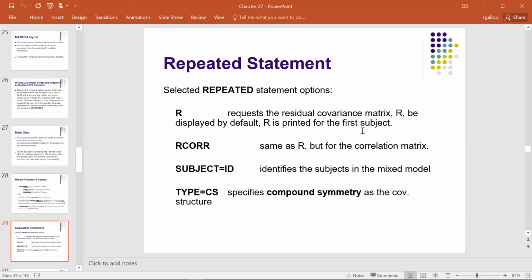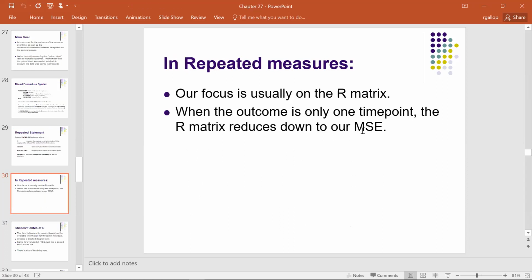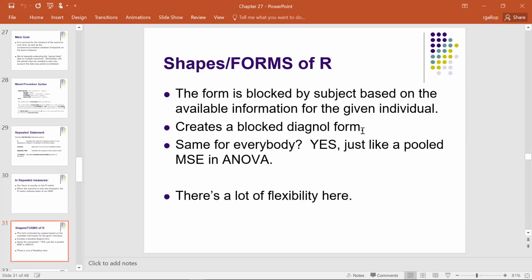RCORR the correlation matrix. SUBJECT=ID TYPE=CS, kind of typical. Our focus is on what we call the R matrix, not the G matrix, and truly modeling that. When the outcome is only one time point, the R matrix reduces down to the MSE.